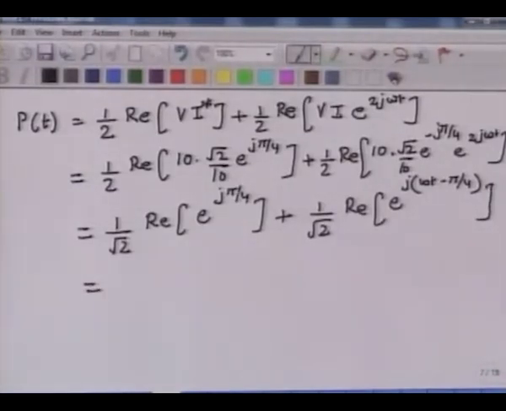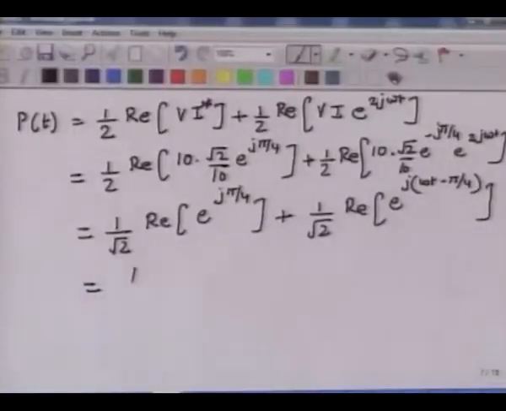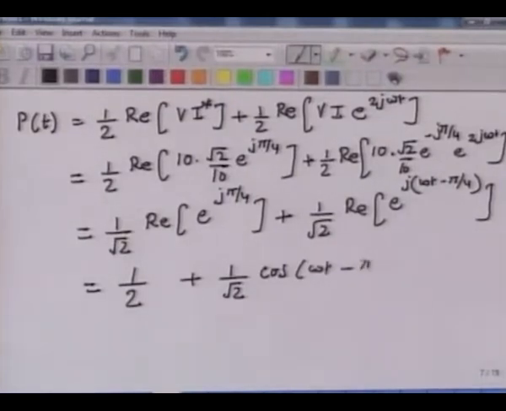Going back, e to the j pi over 4 is cosine pi over 4 plus j sine pi over 4. The real component is cosine of pi over 4, which is 1 over root 2. So that becomes half, and then the oscillating component of the power is again 1 over square root of 2 cosine of 2 omega t minus pi over 4.